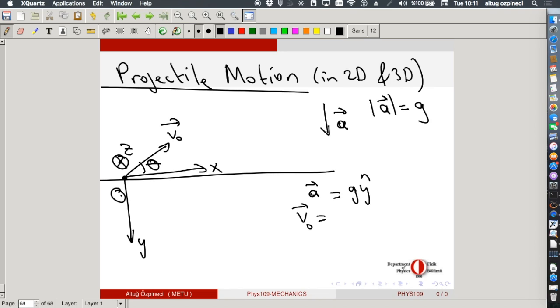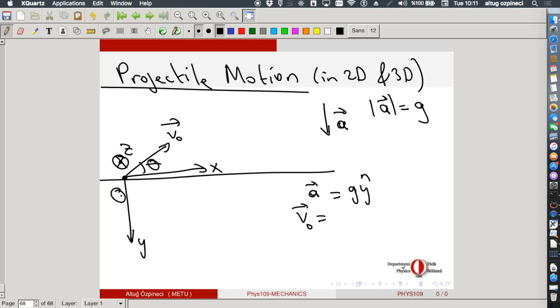If while we are drawing, it's the xy plane, correct. Well, on the screen, I don't really have a chance to show whether V0 has a z component or not. But remember, you have the freedom to choose the axis.